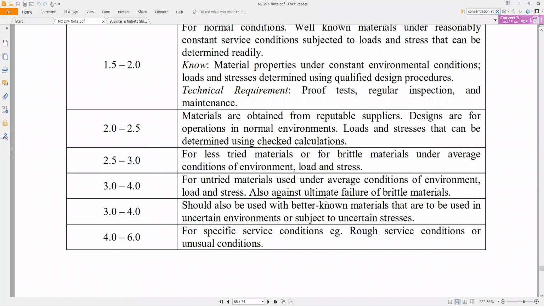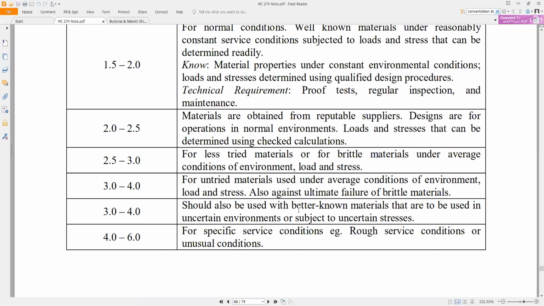Then we also have the range from 2.5 to 3.0 for less tried materials or for brittle materials under average conditions of environment, load, and stress. Then from 3.0 to 4.0 for untried materials used under average conditions of environment, load, and stress. Also, against ultimate failure of brittle materials.